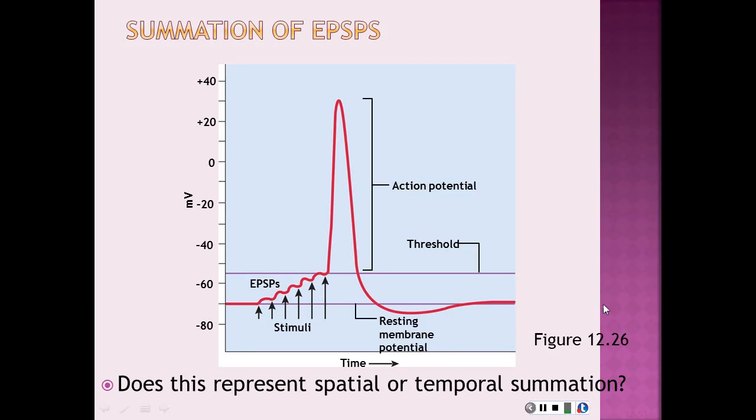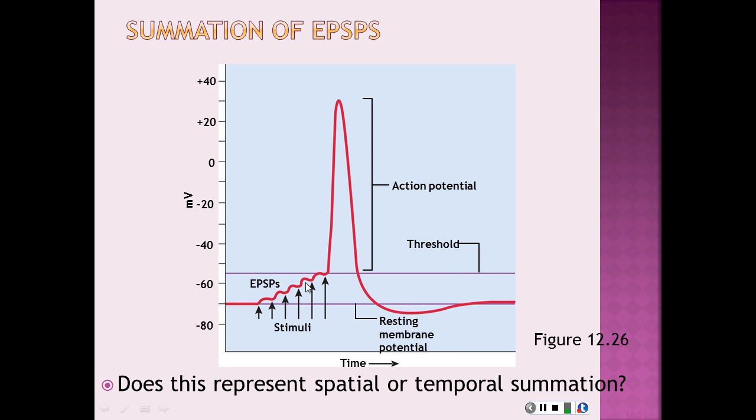So in this diagram here we have stimuli. We have our EPSPs that are being produced. We have our action potential, our threshold, as well as our resting membrane potential. Of course, at first it's at its resting membrane potential. When we get the several types of stimuli, each is going to produce one EPSP.